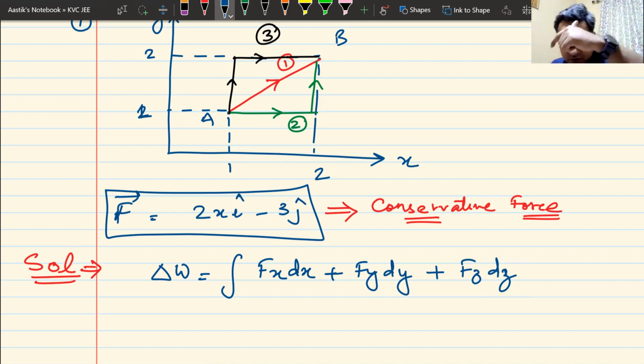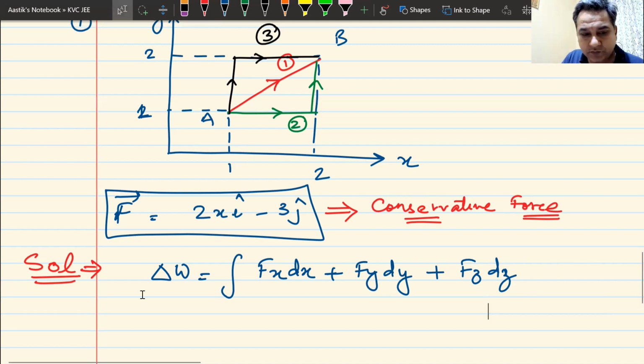I hope you remember how to find out the work done by a variable force.